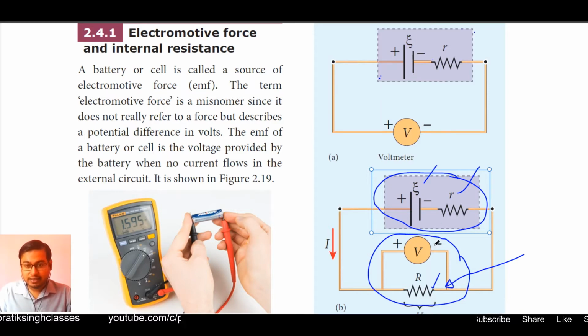A lot of other things we will see in the theory part. Let us discuss how we can find out the internal resistance of the battery using these two circuit diagrams.